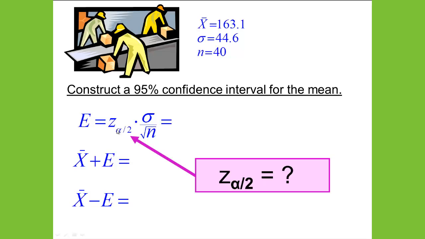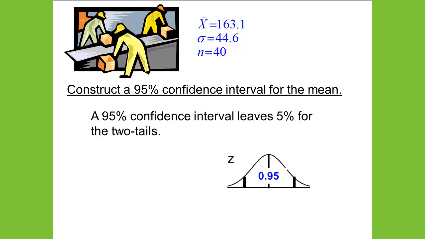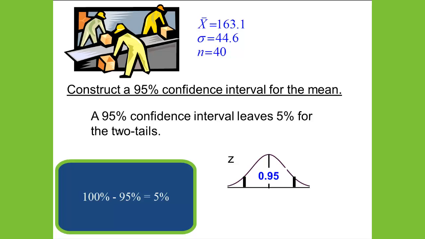First, let's again go back and think about our z of alpha divided by 2. A 95% confidence interval leaves 5% for the two tails. A 95% confidence means that we are willing to be 5% wrong, or that we're willing to risk 5%.